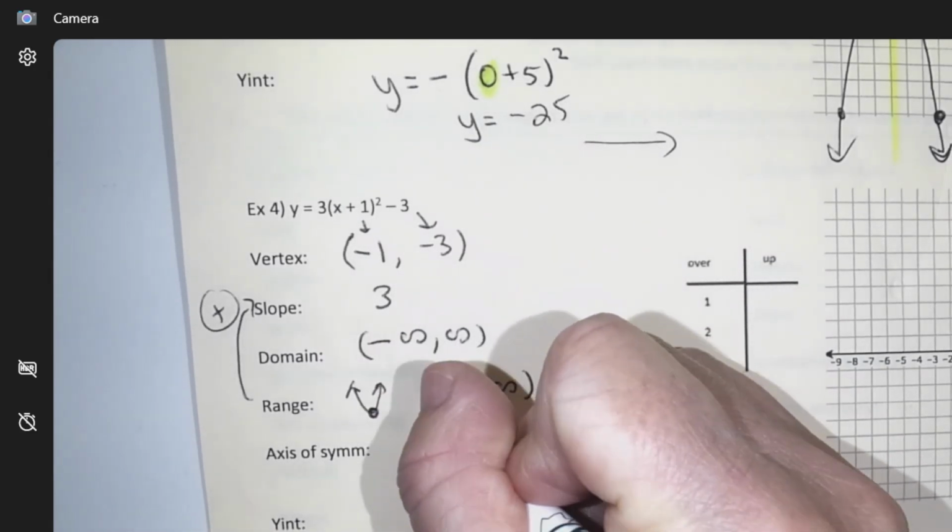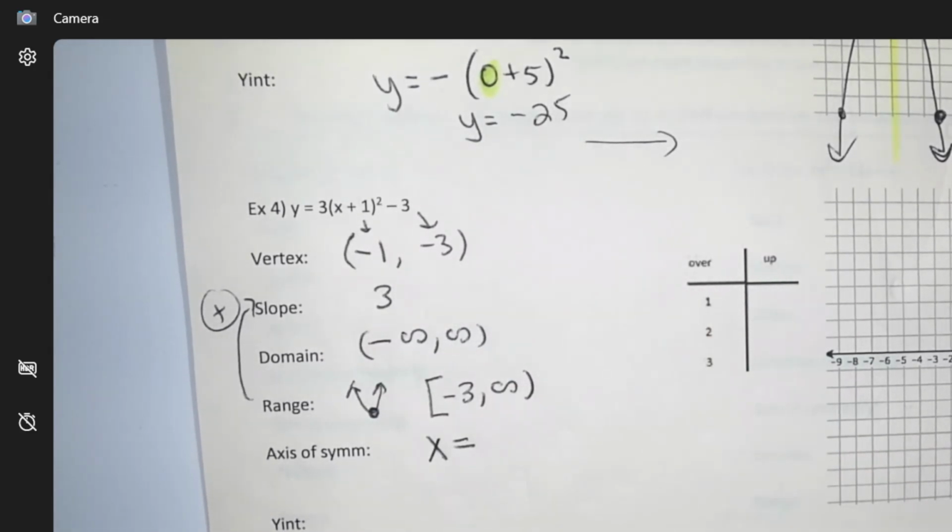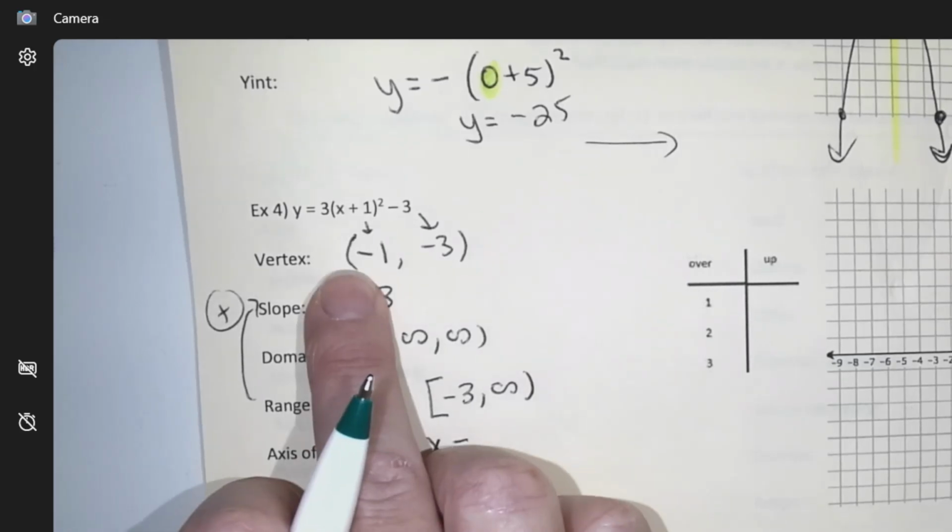Axis of symmetry. We always do x equals to make a straight up-down line. What x value are you going to go through? -1.